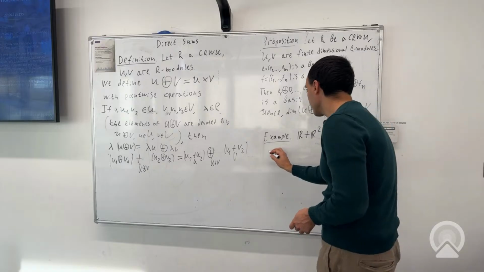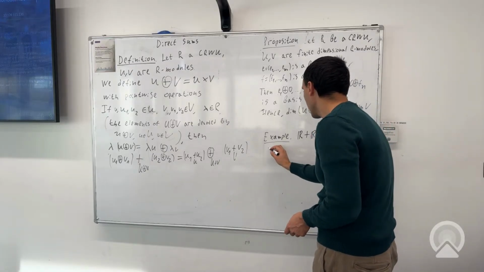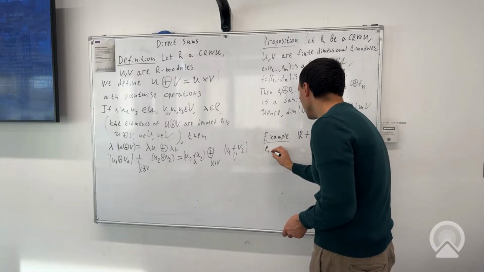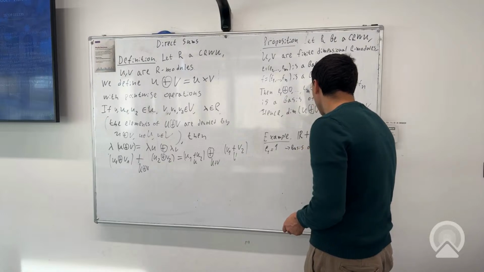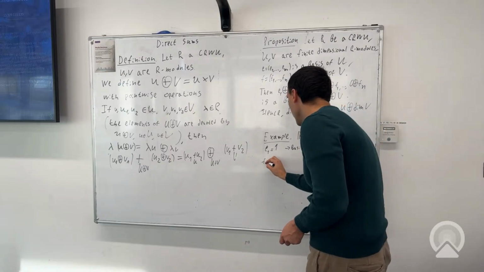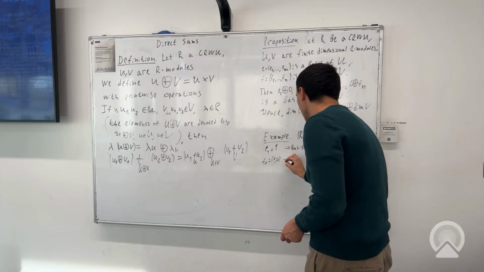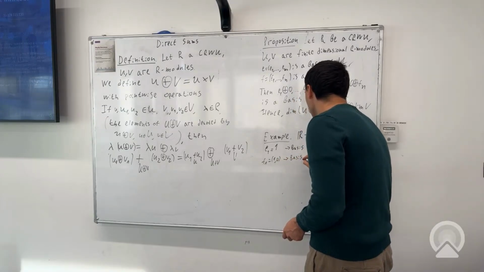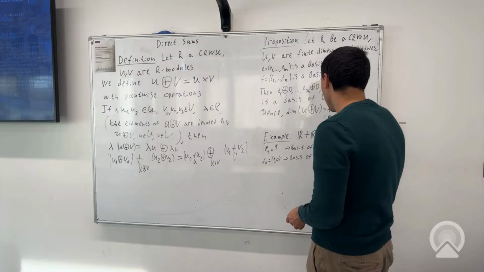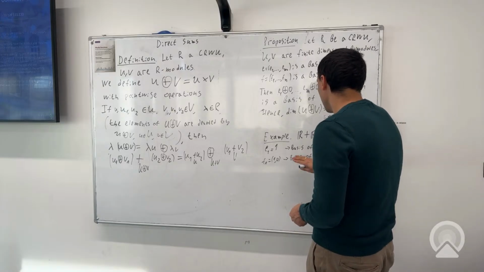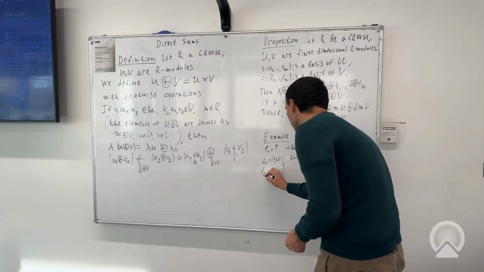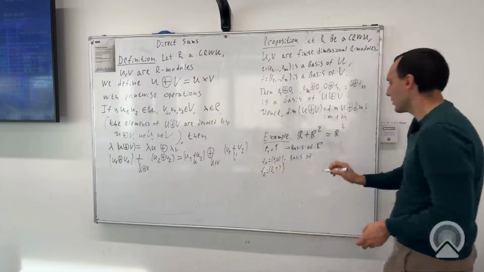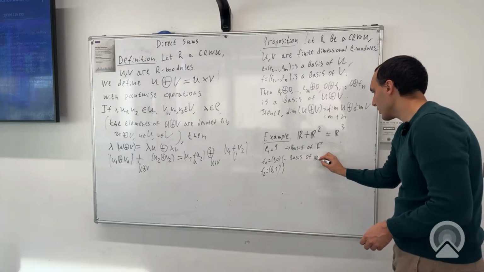Well, E1 is 1, a basis of R. F1 is (1, 0) and F2 is (0, 1). These are both bases of R squared.